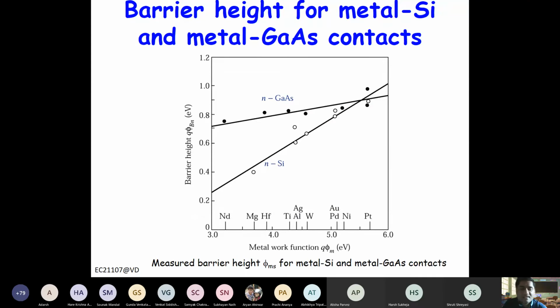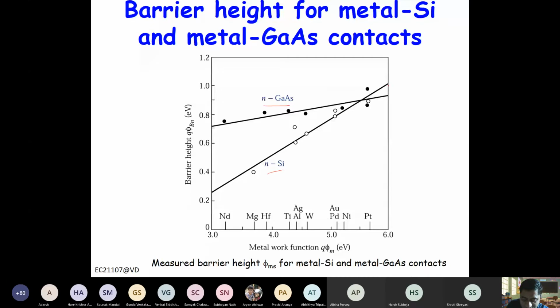We found that for metal and n-type gallium arsenide, n-type silicon, the slope was not 1. It was more or less flat for gallium arsenide, and for the other, you can see here from 3 to 6, it is changing from 0.2-something to 1.